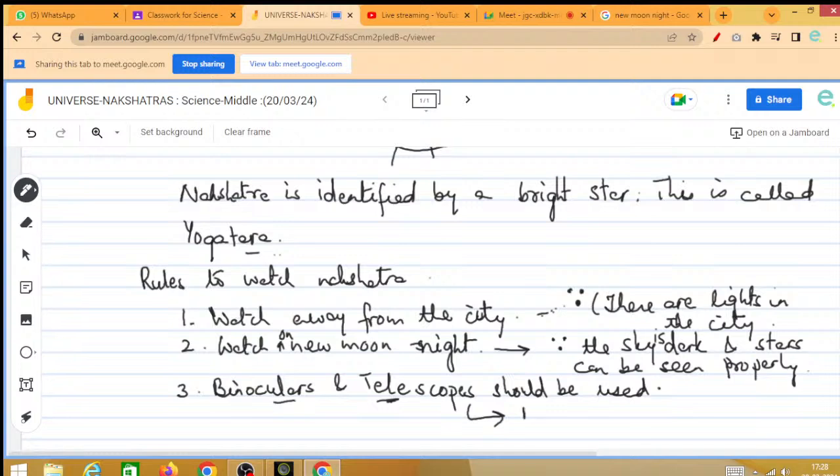What does magnify mean? The magnification power of the telescope is high, that's why we can see big. So these things magnify and make them appear nearer to us. And they make them so big. So that's why we can see them easily.